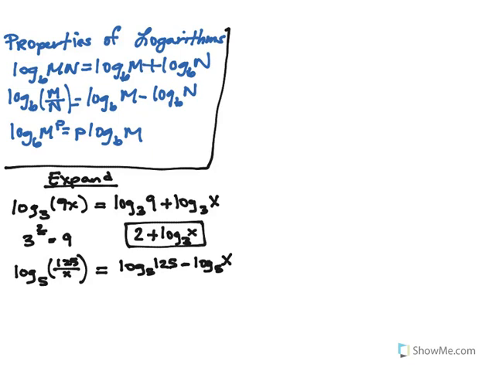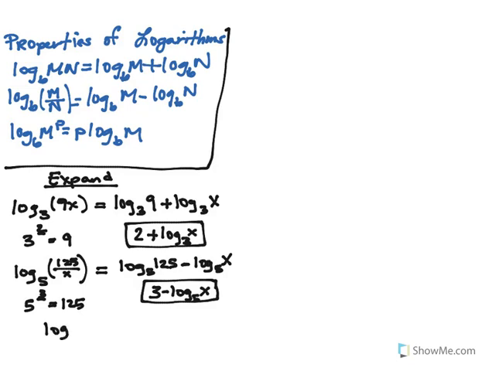Now, log base 5 of 125 can be evaluated. The base is 5, and 5 raised to some exponent can give me 125. What is that exponent? That exponent would be a 3. So this is going to simplify into 3 minus log base 5 of x. All right, and that's that.